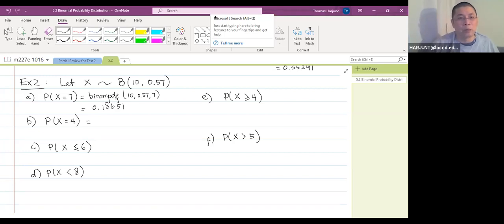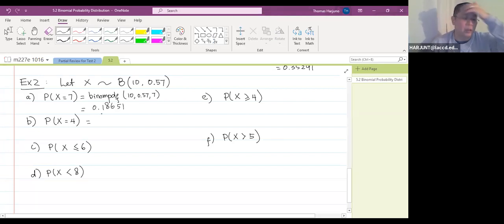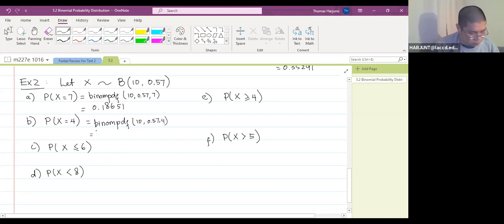Now part B, the probability that the number of successes equals 4. Binompdf(10, 0.57, 4). I get 0.14013. Part C, probability number of successes is at most 6, probability x is up to 6.